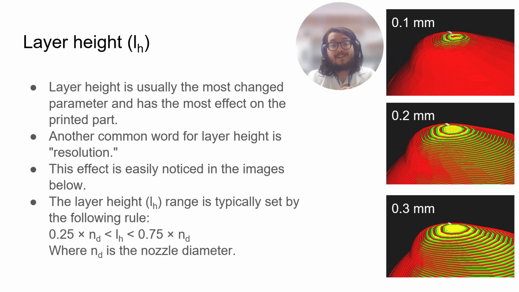The layer height is how thin those individual slices are that we make. For example, a 0.3 millimeter layer height means that every 0.3 millimeters you cut your piece, and you're going to have these 0.3 millimeter thick slices of layer to create your 3D printed part.